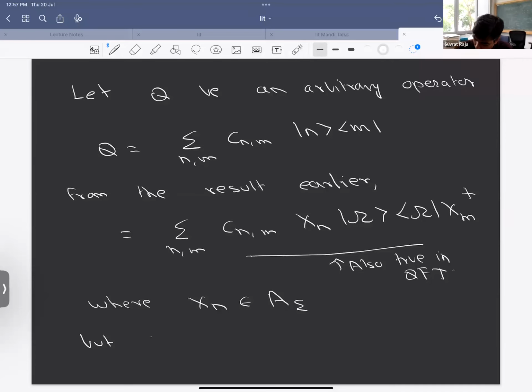But in gravity, this guy that sits in the middle is also an element of the algebra. This is just a projector on the vacuum.